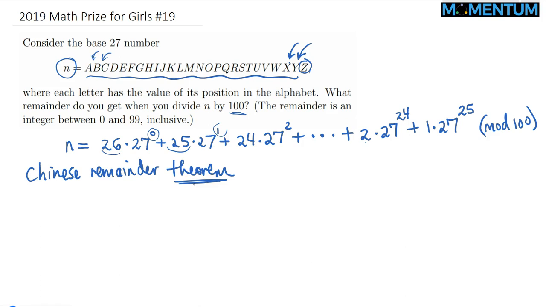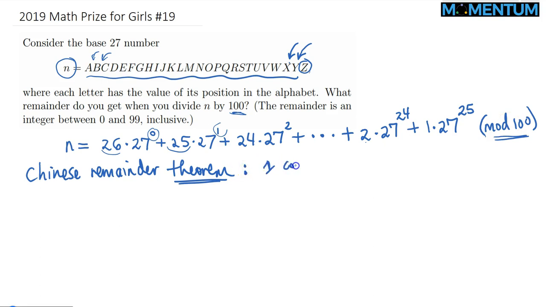But this is a very intuitive result that should be in your toolbox regardless. What the Chinese remainder theorem says is, if you have a large modulus like we have here, you can split it into smaller moduli. So instead of solving one congruence, you can solve a system of congruences. That's the spirit of the Chinese remainder theorem.